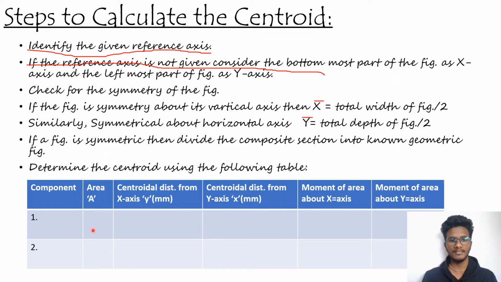Then we need to find the area of the respective shapes or components. Then centroid distance from the x-axis, which is y, and similarly from the y-axis, noted as x. Then moment of area about x-axis, that is A into y centroid, and the moment of area about y-axis is area into x centroid.